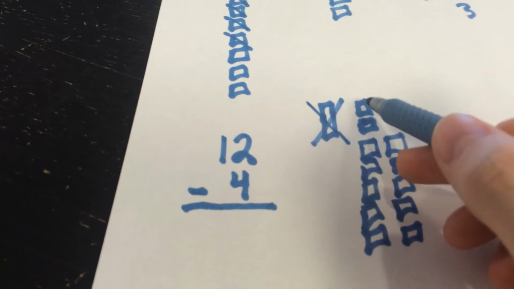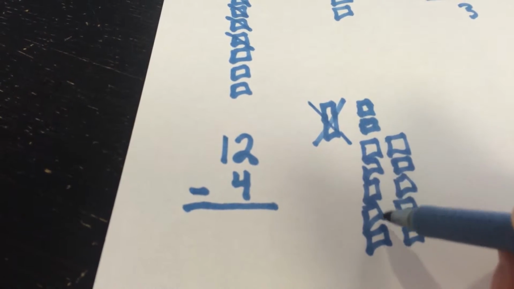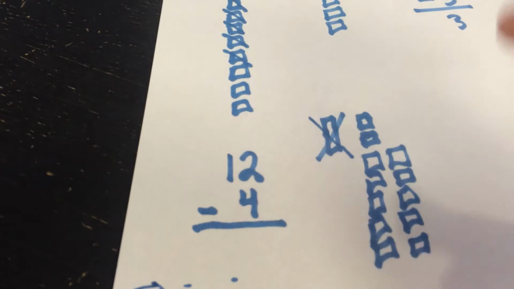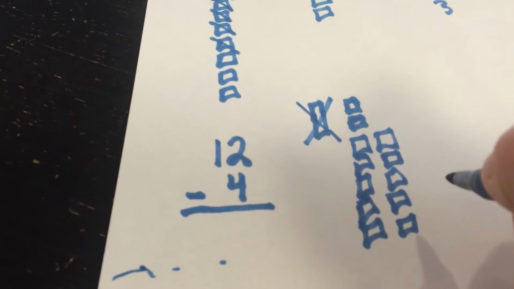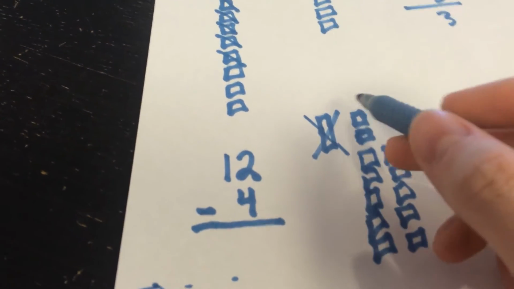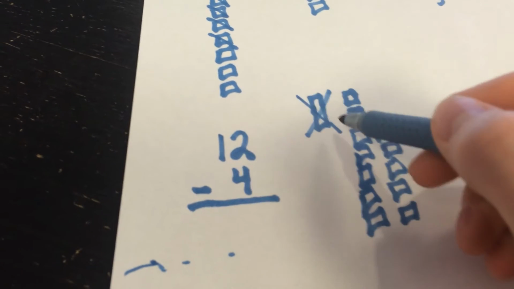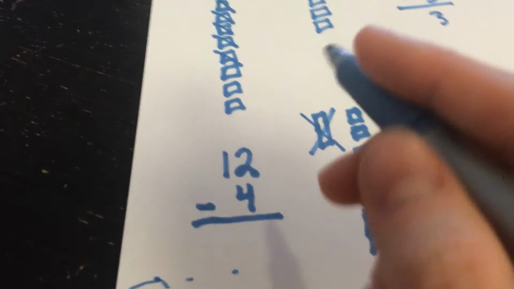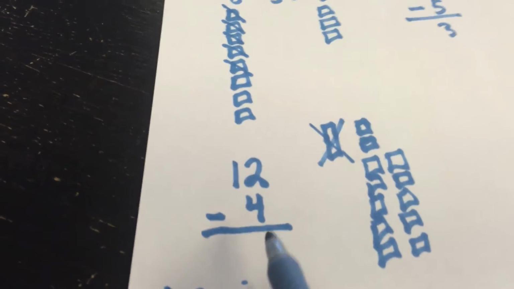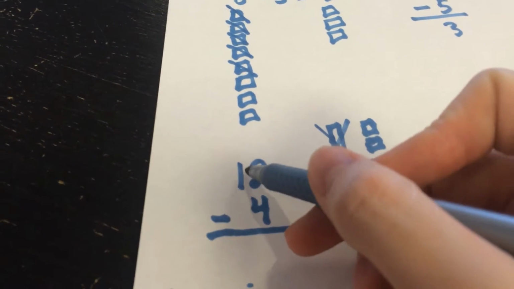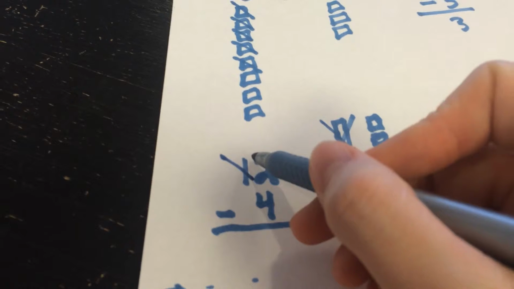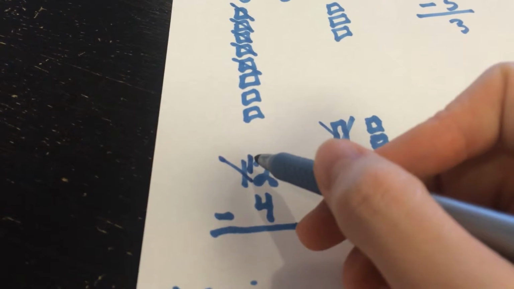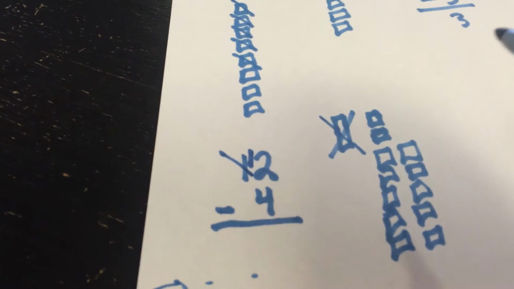So now we have 1, 2, 3, 4, 5, 6, 7, 8, 9, 10, 11, 12 mini cubes. So we have the same number. It's the same value. It's just now, instead of representing it with a rod, we have 10 extra mini cubes. And to represent that we did that over here, we're going to cross out the 1 in the tens place and write a small 1 next to the 2 to represent that we now have 12 mini cubes.